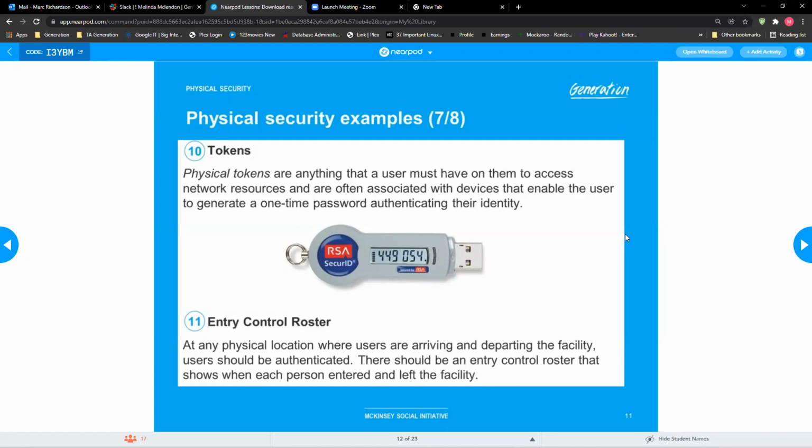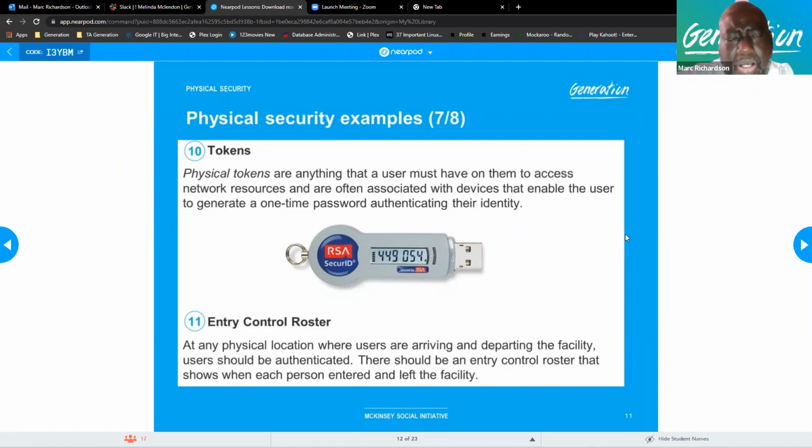All right. Next, we have the entry control roster. Venkata, will it process a password automatically? I think in the case of the tokens, depending on the make, the password probably rotates. That's the reason you have to insert the token every time you have a PIN code.